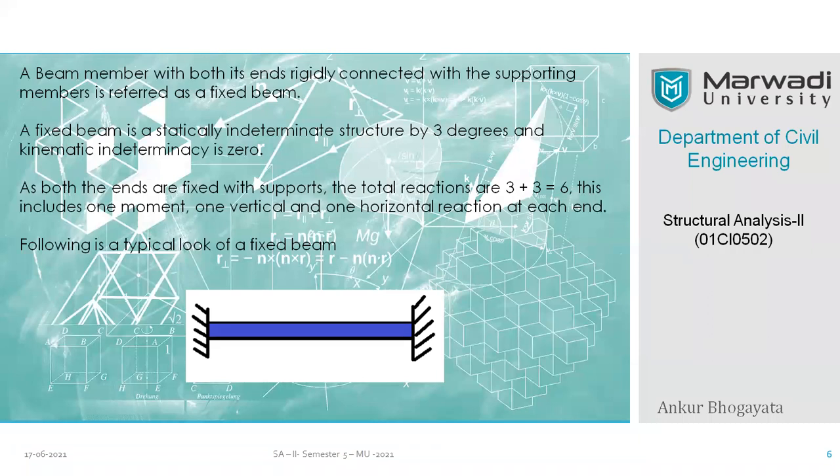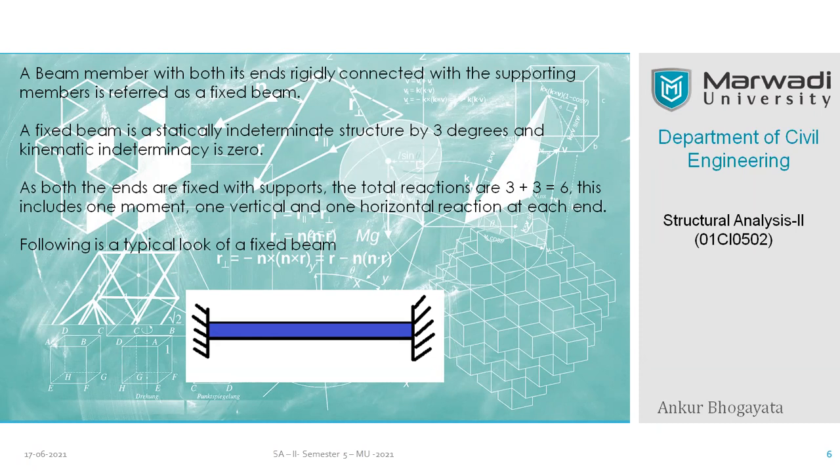As far as joint displacements are concerned, because kinematic indeterminacy deals with joint displacements, as you know from previously learned concepts, in a fixed beam at a joint none of the displacements are possible: vertical, horizontal, as well as rotation. That is why it is called a rigid connection, and that is how the fixed support develops.